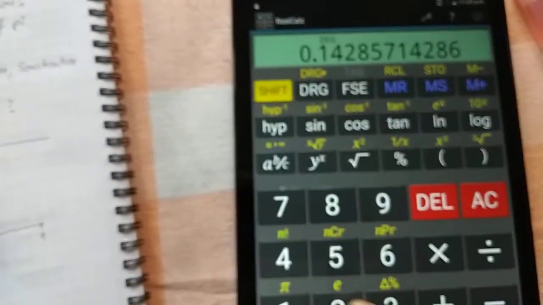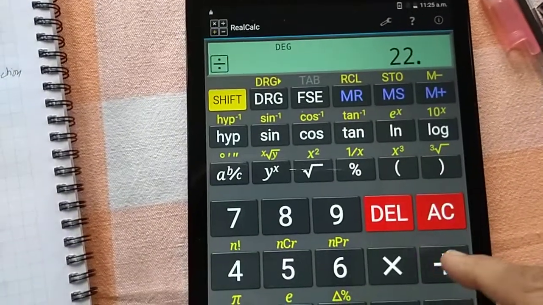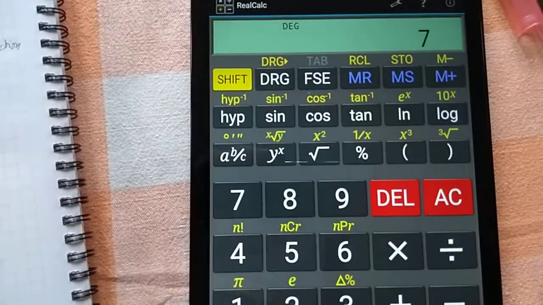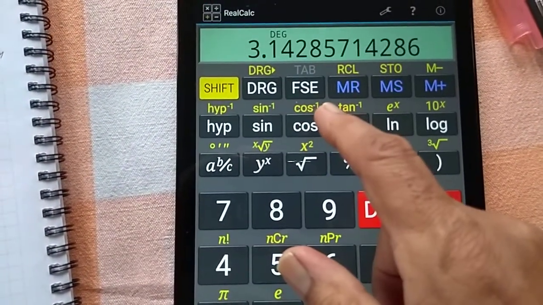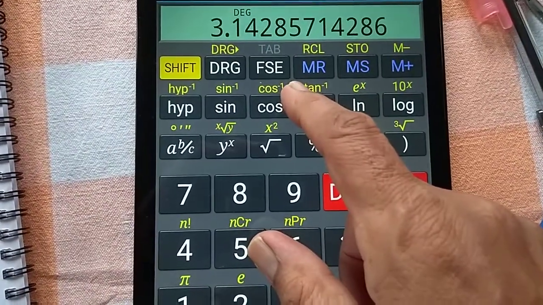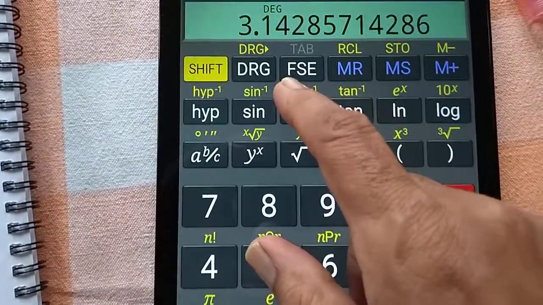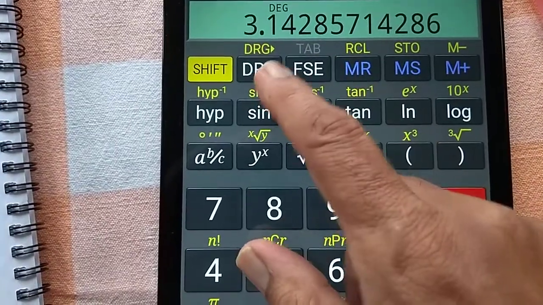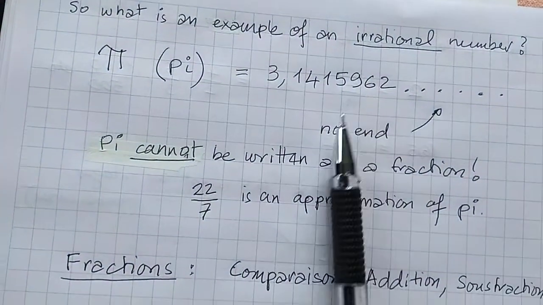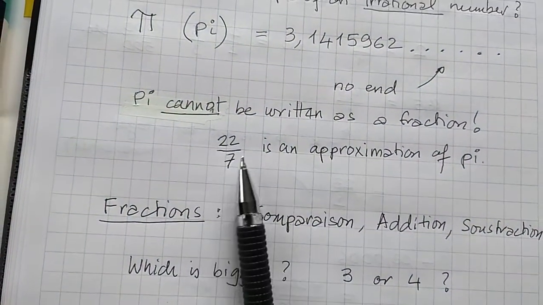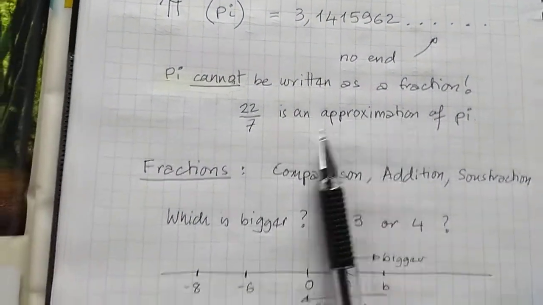So let's do that. 22 divided by 7, 3.142. Yeah, so up to the fourth digit it's good enough, 3.1428, and actually it is 3.1415. So this is good enough to about 0.1%.